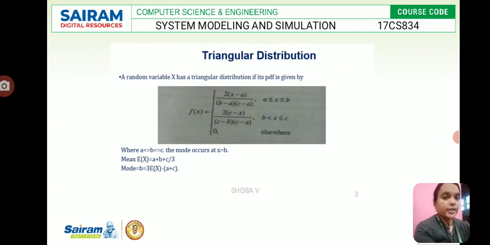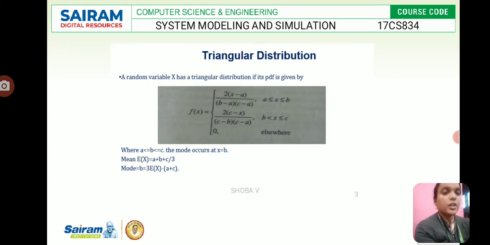And now triangular distribution. So triangular distribution has 3 variables over here, A, B, C, and x is a random variable having a triangular distribution. F of x is equal to, for example, for A to B as the condition, A less than or equal to x less than or equal to B: 2 into x minus A divided by B minus A and C minus A. B is the common variable over here, so the mode occurs at x equal to B, because B is common to both the conditions.